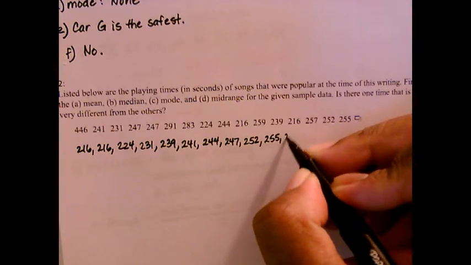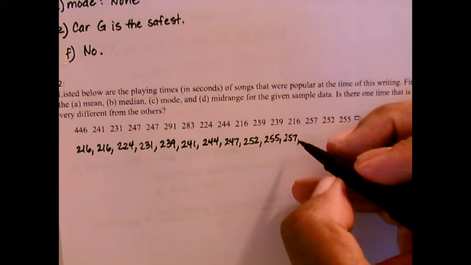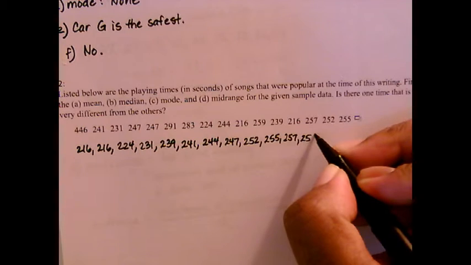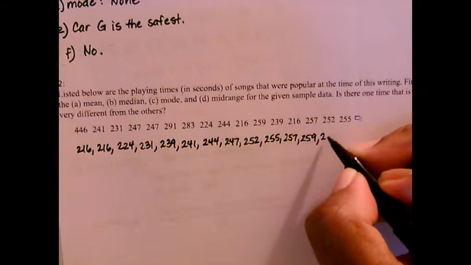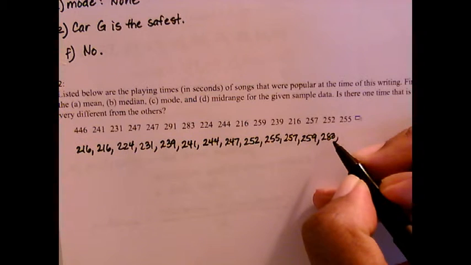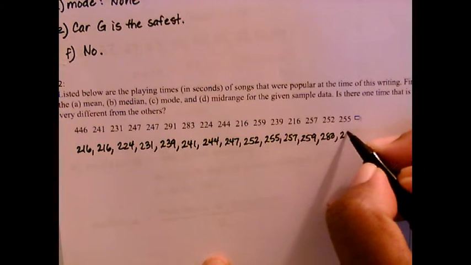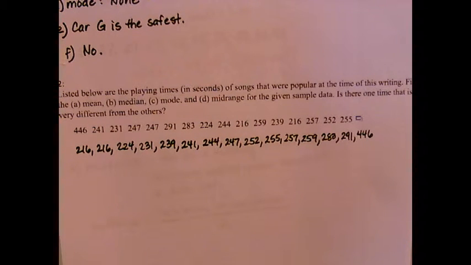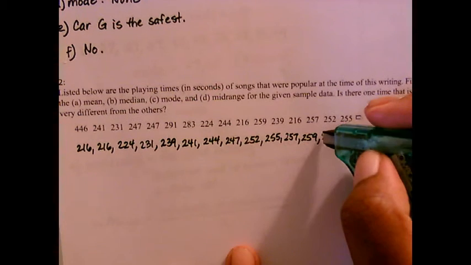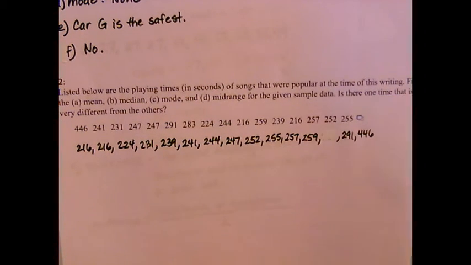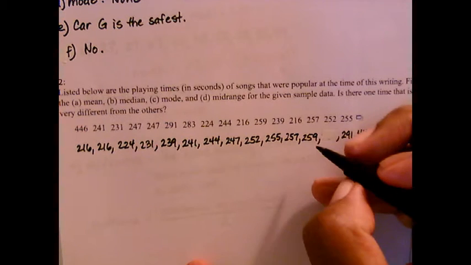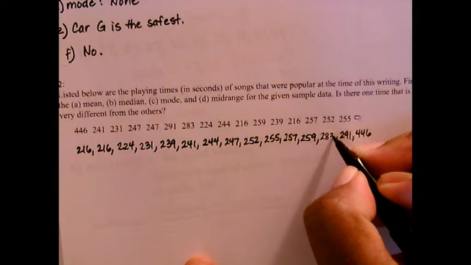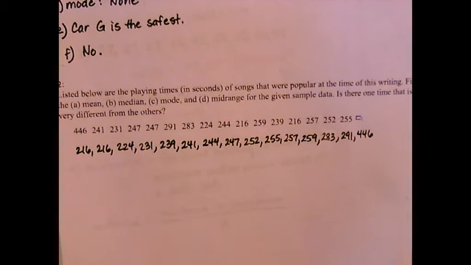Then 255, 257, 259, 283, 291, and 446. Okay, so now our data values are sorted from least to greatest.